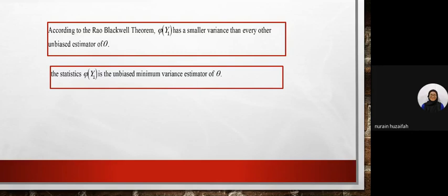Then it will lead you to the unique unbiased minimum variance estimator, which we normally write as unique MVUE, the unique minimum variance unbiased estimator. In the question, normally we state: find the unique minimum variance unbiased estimator.